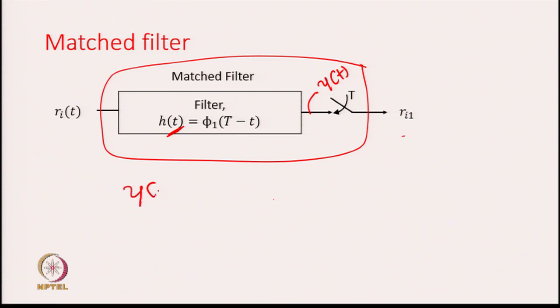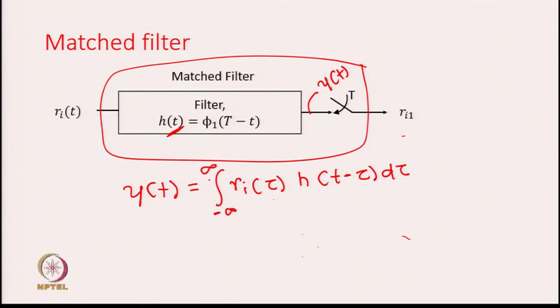So, y(t) can be given by the convolution of input with impulse response, which you must know is this. This is the output y(t) of this filter, which is obtained simply by carrying out the convolution operation between the received waveform and the impulse response of the filter.